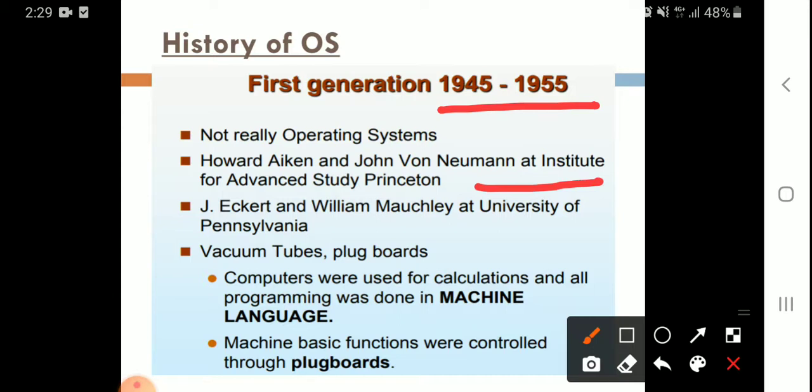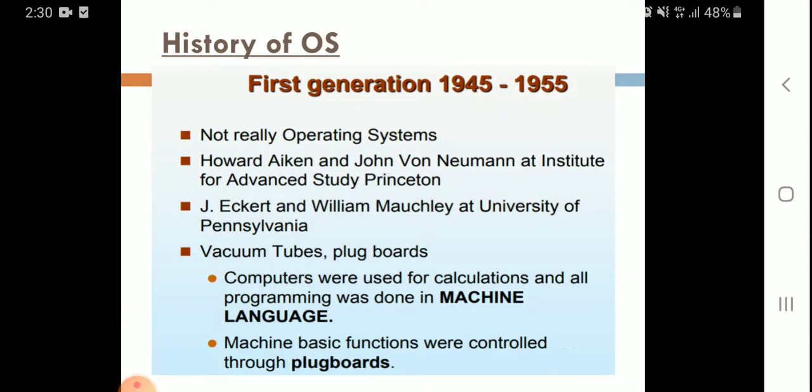At the University of Pennsylvania, J. Eckert and William Mauchly worked on this generation. It was basically built on vacuum tubes and plug boards, and used for calculation purposes only. The programming was done in machine language, or we can say the machine's basic functions were controlled by plug boards. So this is the first generation.